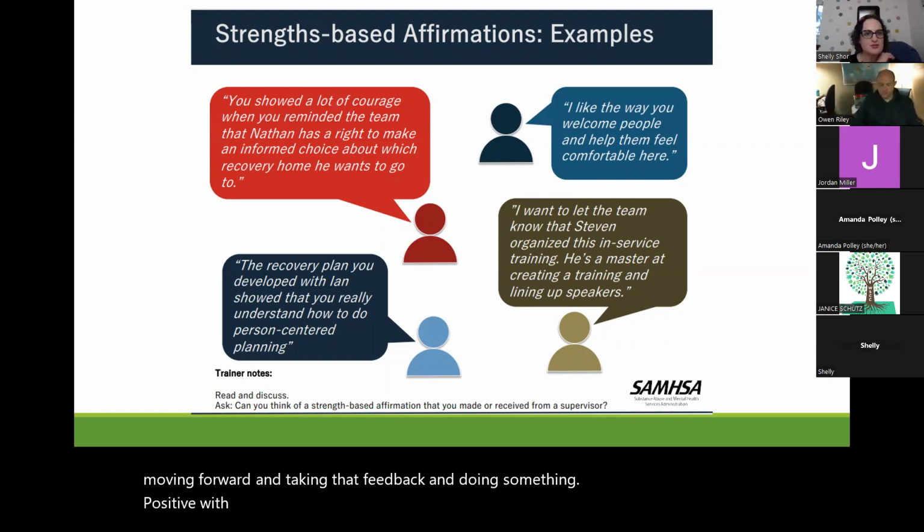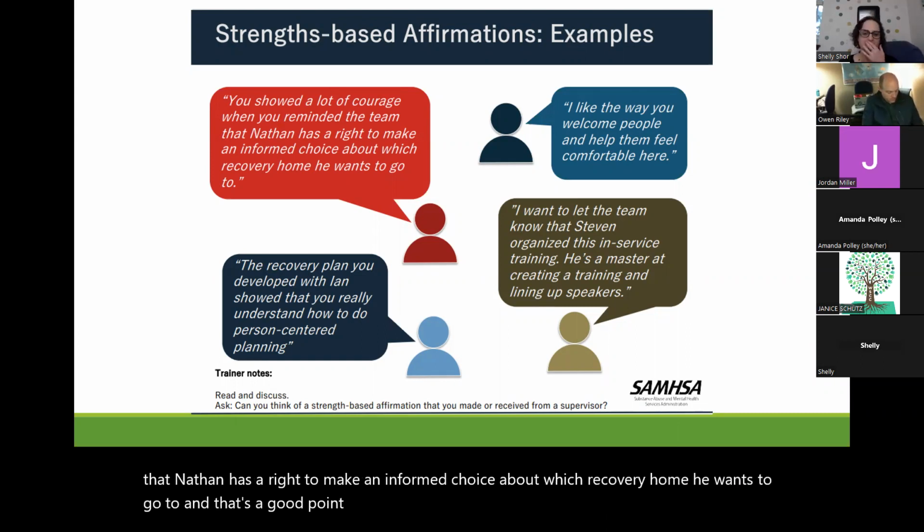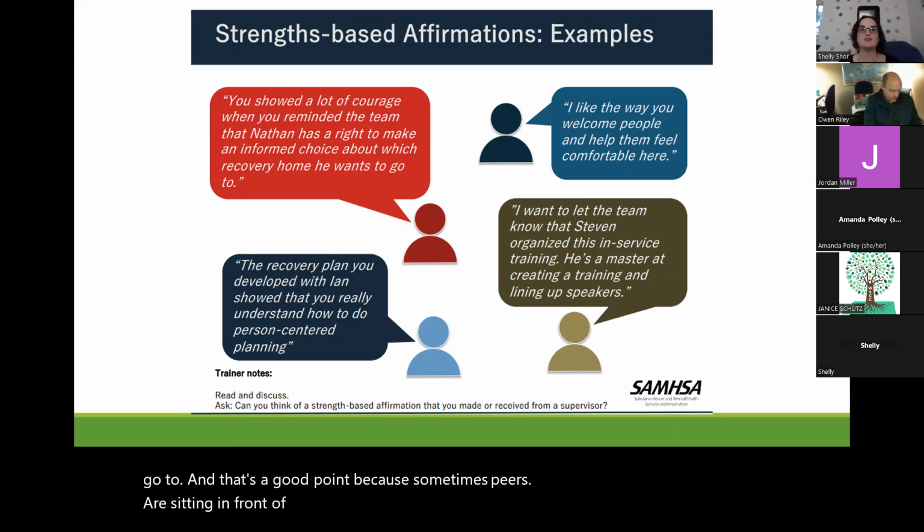Another example, you showed a lot of courage when you reminded the team that Nathan has a right to make an informed choice about which recovery home he wants to go to. And that's a good point because sometimes peers are sitting in front of other providers that talk about disability.